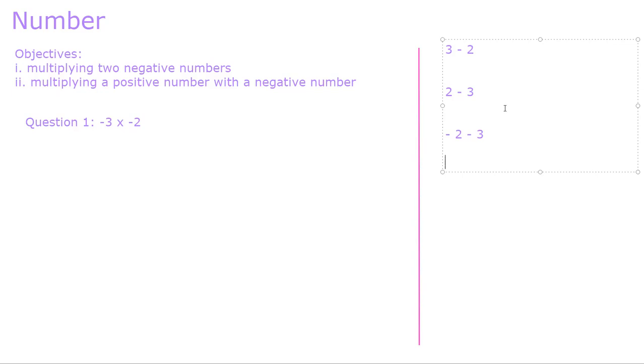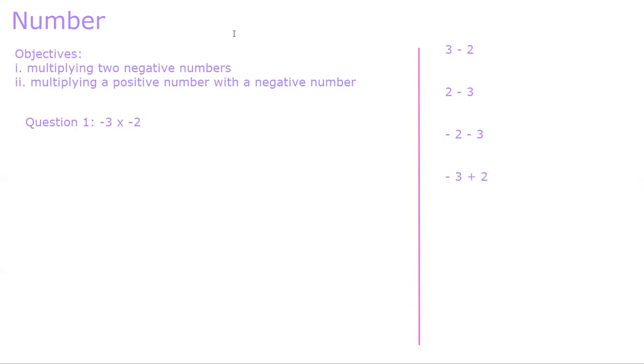Yes, the final would be minus 3 plus 2. So these are the four examples to revise the addition and the subtraction of negative numbers.